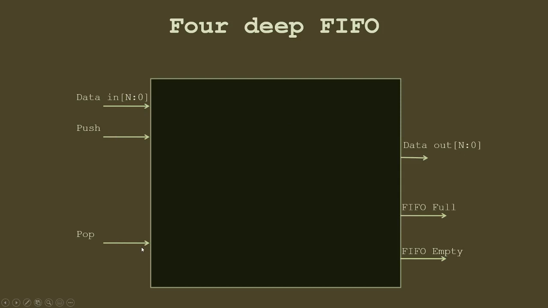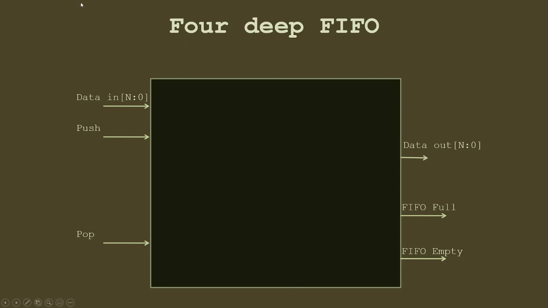If I want to pop, the first value that was written was 100. So at data out, it should always be the value that was written first. If I pop it, that means I have read that value, and now I can read the next value. So if I assert the pop signal, that means that 100 is already read out. In the next cycle, the value that should be output should be 500, and so on.